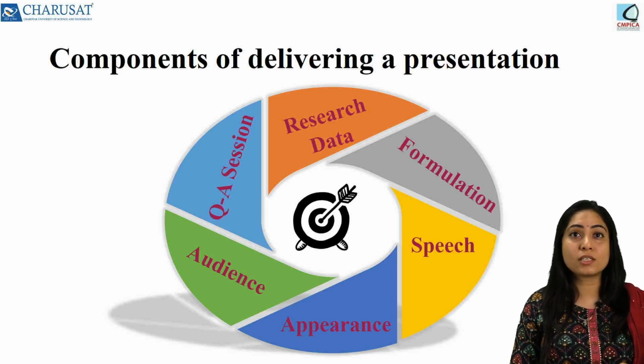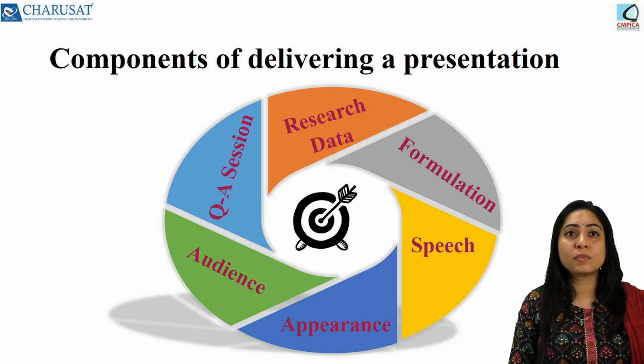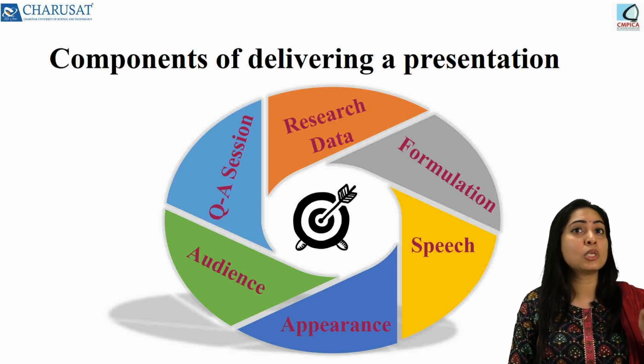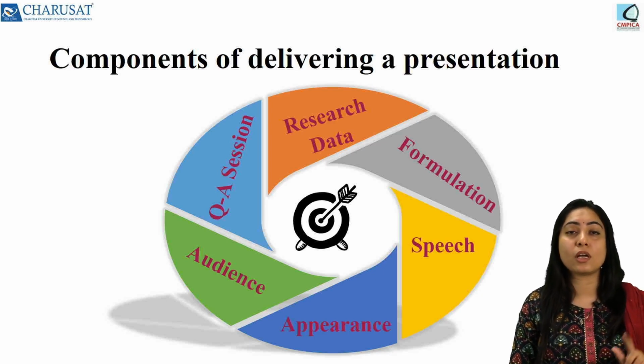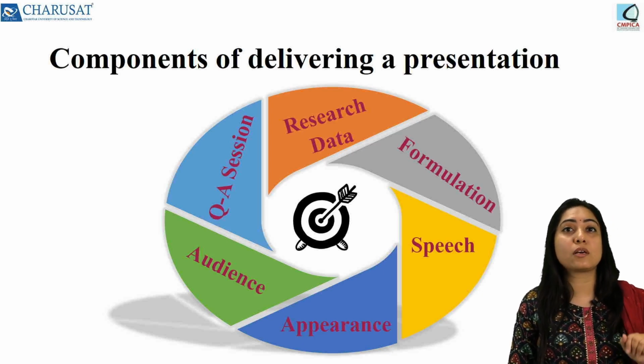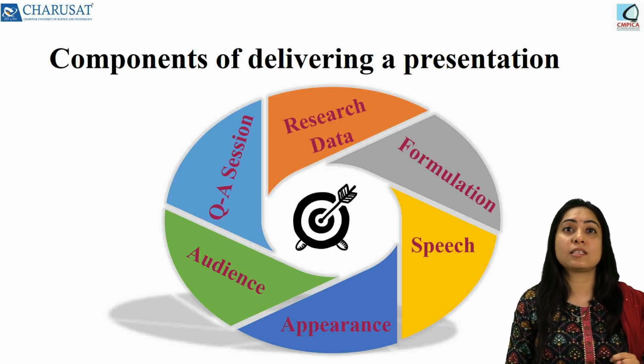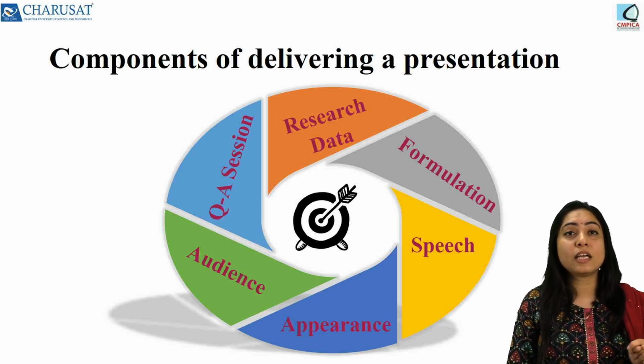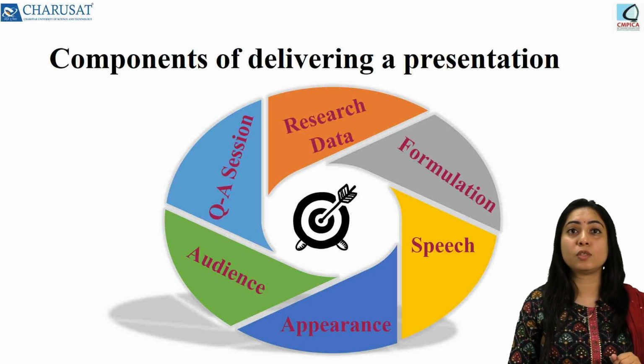So it cannot start from anywhere. You knowing something and trying to share it with others would not make a good presentation. You knowing something completely, trying to research, sharing your intriguing ideas with somebody would make a good presentation. However, it requires multiple things at a time. So these are therefore the components of delivering a good presentation.